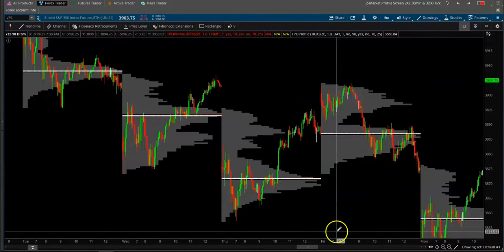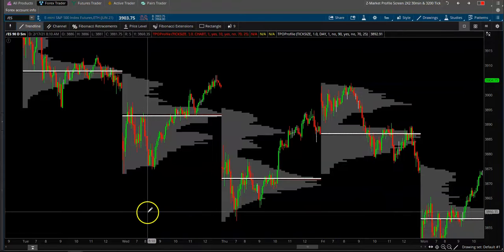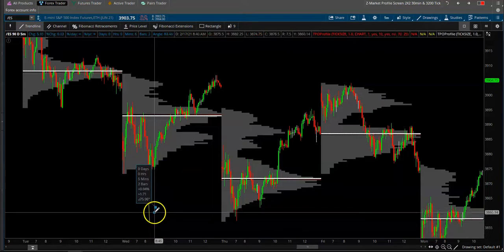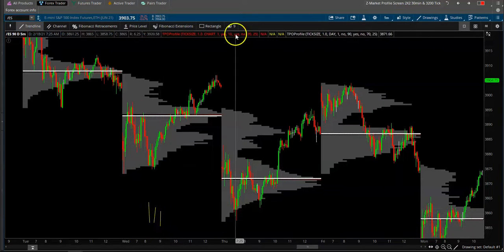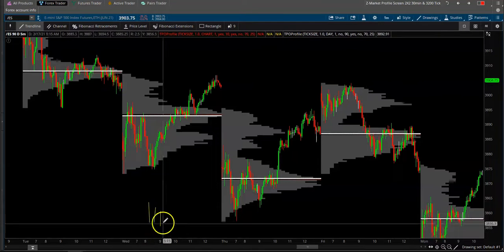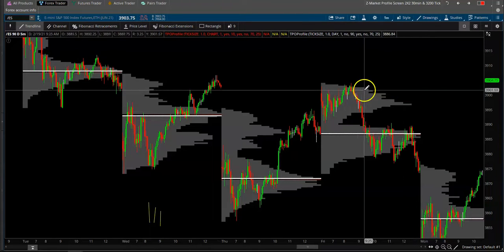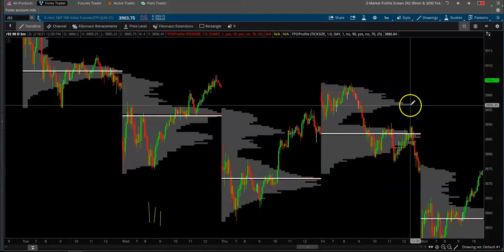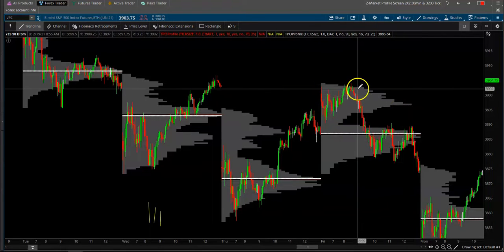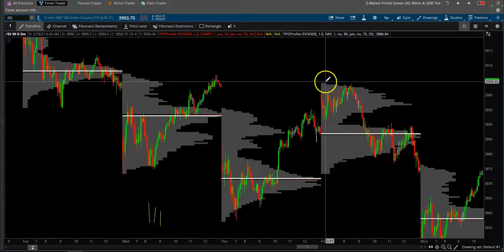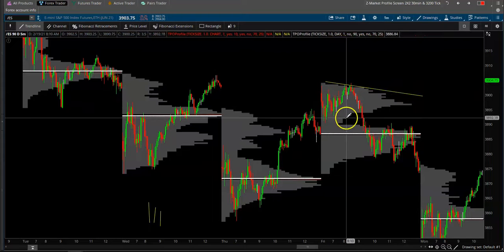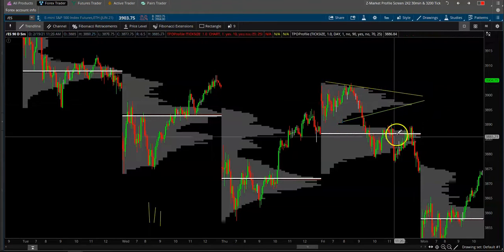Instead of normal volume, which is by time, this is by price. So how many contracts have traded at, say, 39.01 on the S&P futures, or at 38.9650? And so what happens is you start to create a distribution like this.